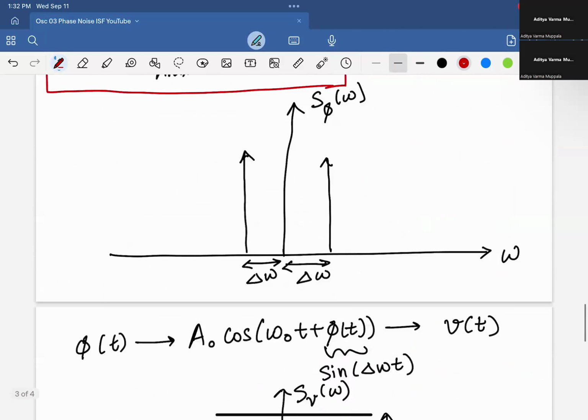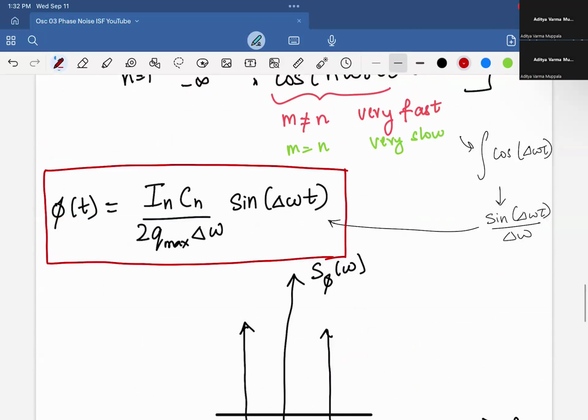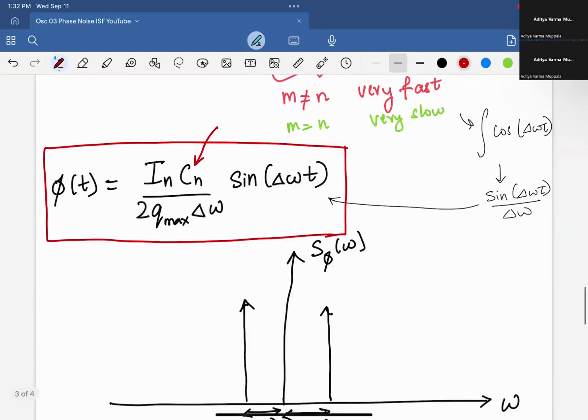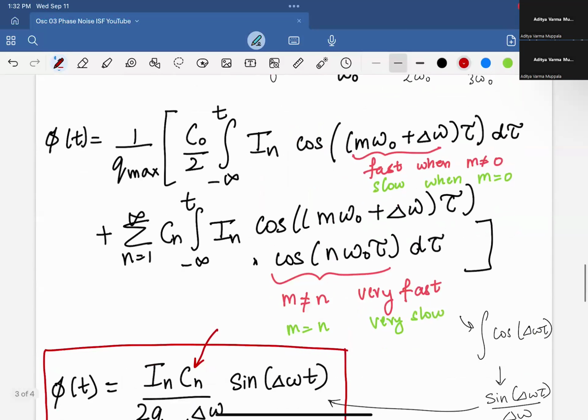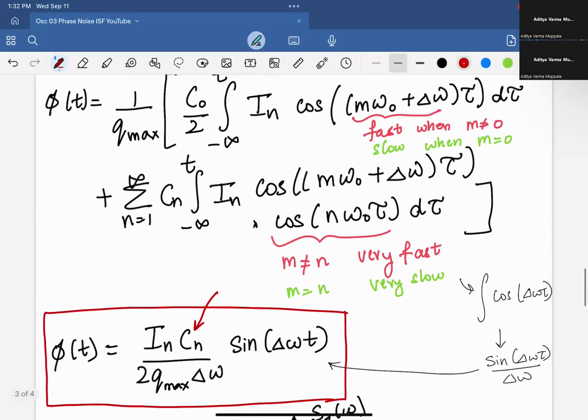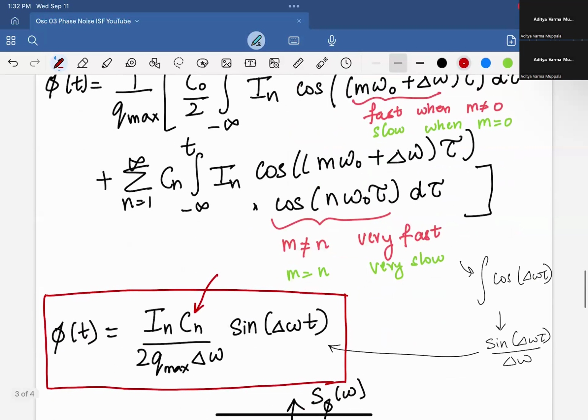And we see that if we look at this equation, it's modulated by Cn, right? So if you go back up here, yeah. So keep in mind that when m is equal to n, the modulation occurs, right?